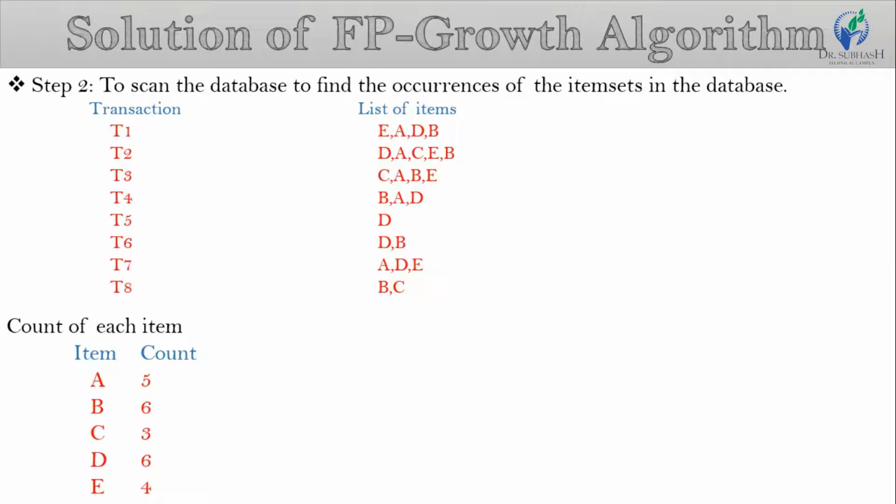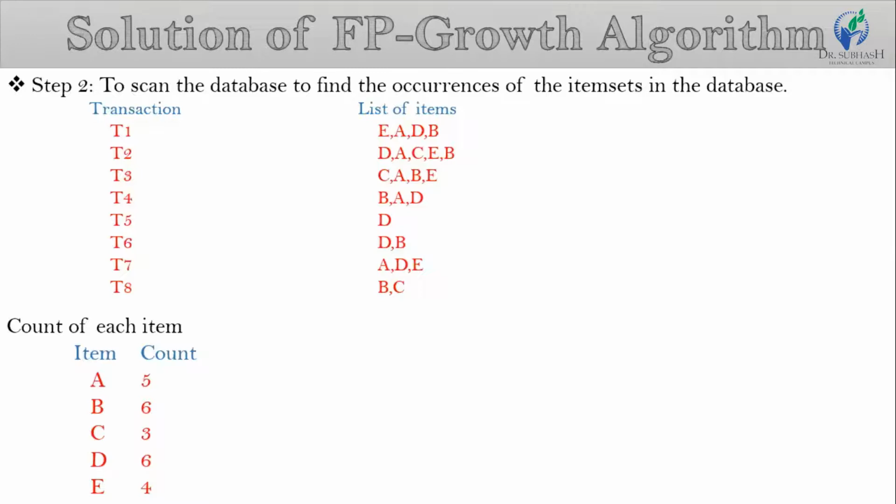B occurs 6 times: T1, T2, T3, T4, T6, and T8. Similarly, C occurs 3 times, D occurs 6 times, and E occurs 4 times.